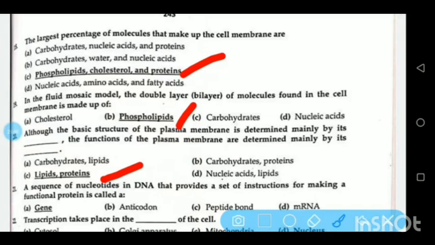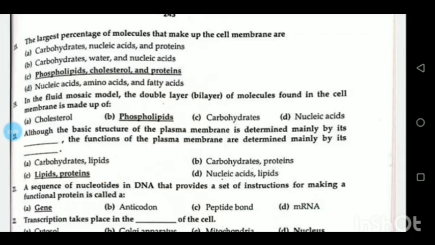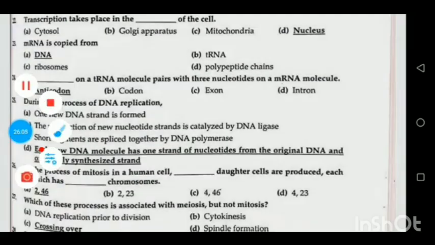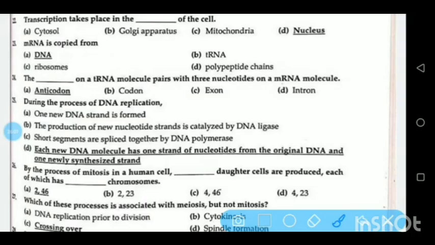A sequence of nucleotides in DNA that provides a set of instructions for making a functional protein is called a gene. Transcription takes place in the nucleus of the cell. mRNA is copied from DNA.